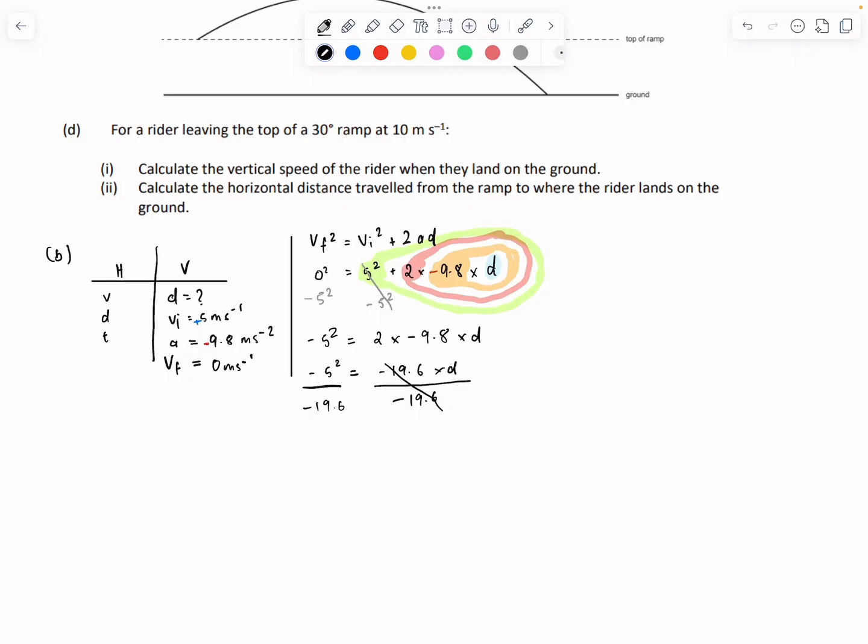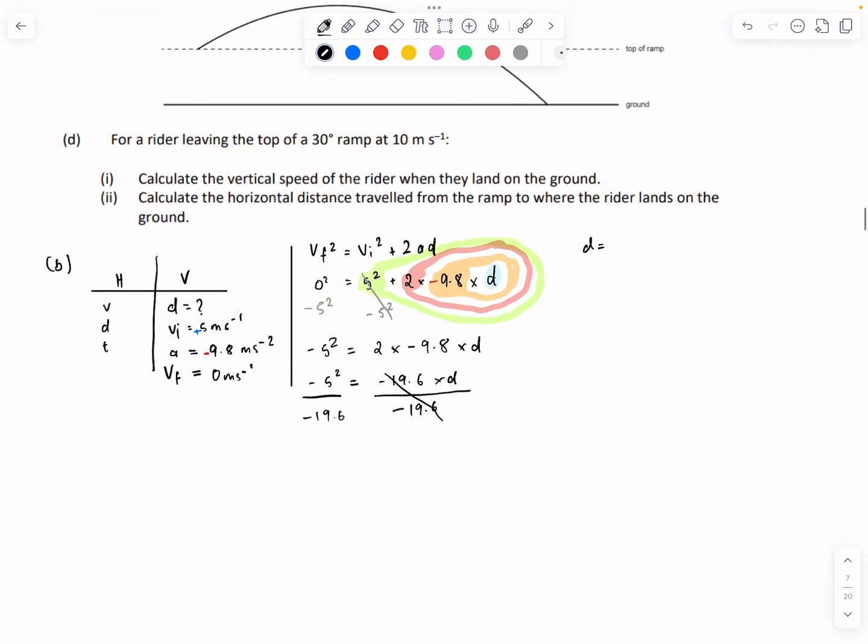And so I'm left with d equals negative 5 squared over negative 19.6. And so, plugging that into my calculator, I am going to get 1.28, okay? So we've worked out 1.28 meters, let's not forget the units.